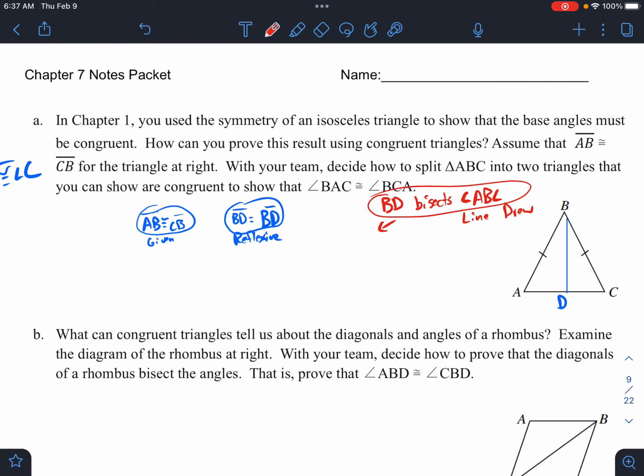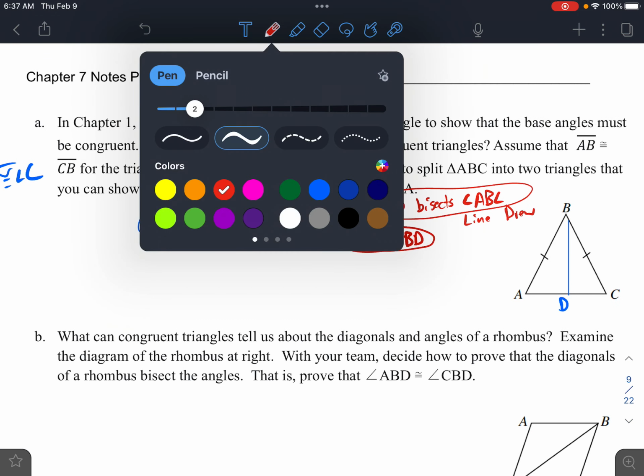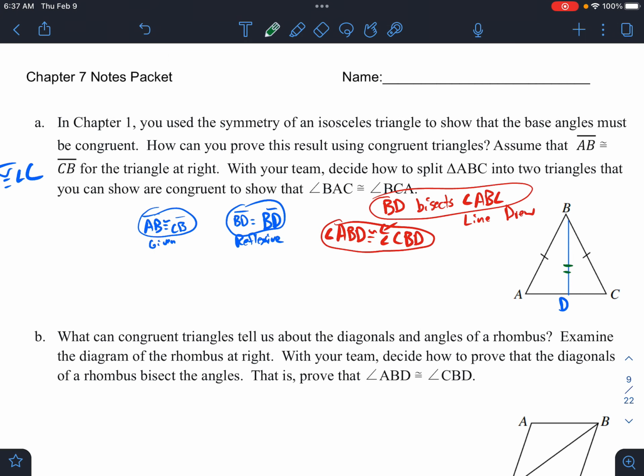Then, if we know that it bisects, we know angle ABD is congruent to angle CBD. Okay? So we have, this was our reflexive property. We know this is equal. And we just said this is equal to this. So now I can make my conclusion that triangle ABD is congruent to triangle CBD.